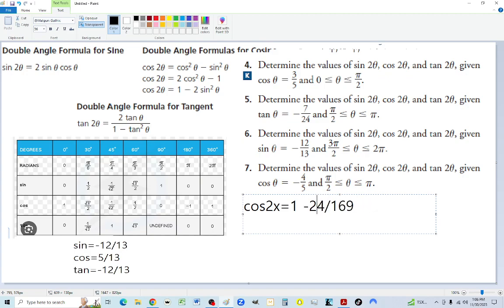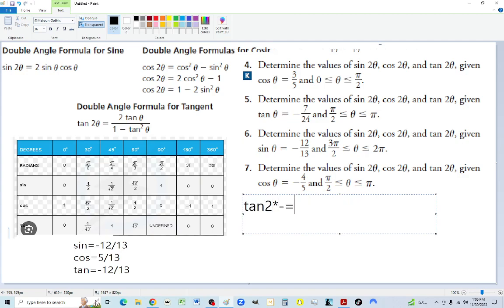So you get 169 over 169 minus 288 over 169. So it's negative 119 over 169. And you just keep doing all that.